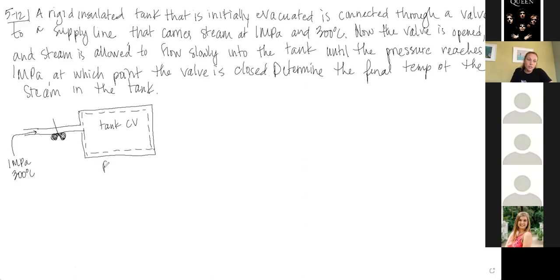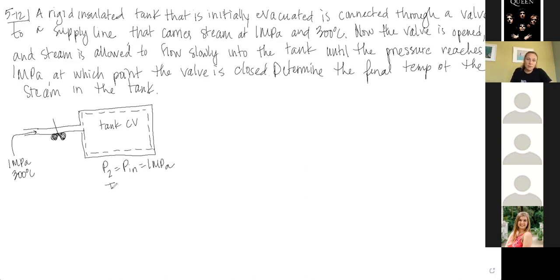We know that the pressure at state 2 is the pressure that is coming in, which is our 1 megapascal. So we have steam at 1 megapascal, the valve is open and steam is allowed to flow into the tank until the pressure reaches 1 megapascal.